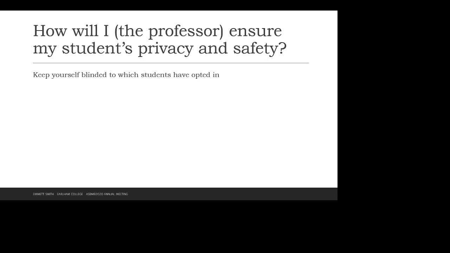So I was never informed which students picked up the tests, how many tests had been taken, or anything like that. They had no contact with me, I had no contact with them while they were getting those tests, and it was completely blind. And they were blinded to each other as well, unless they obviously revealed the information themselves. They wouldn't know which of their classmates had chosen to take the test or not.